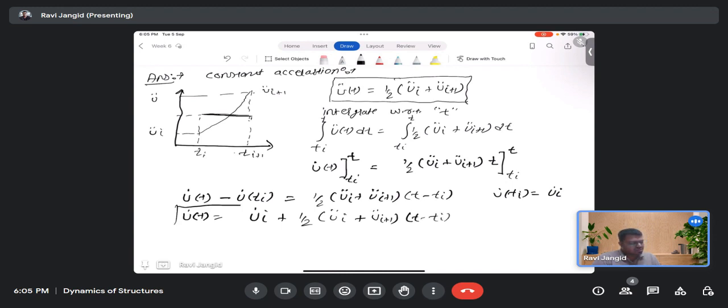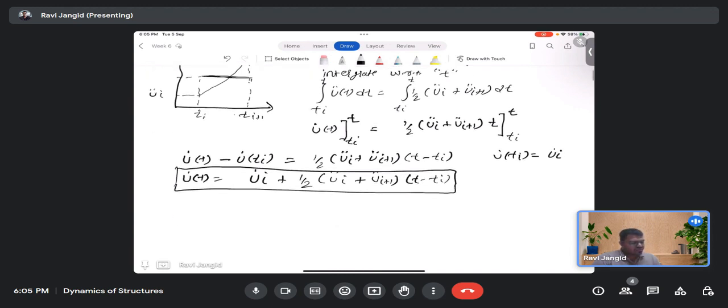So one equation is this. For the other equation, we need to integrate again from both sides, and we get it like this.